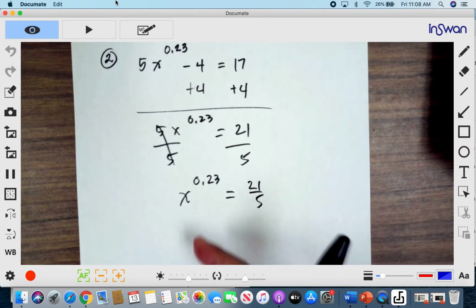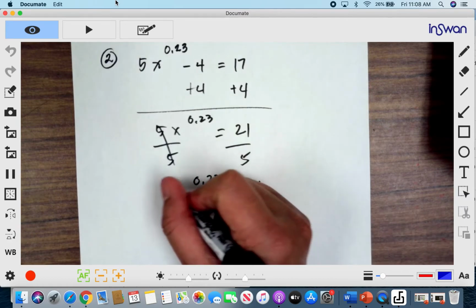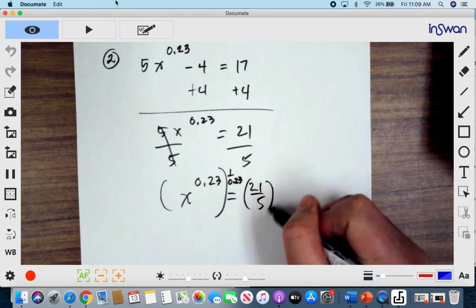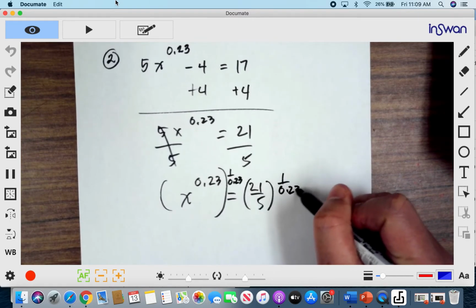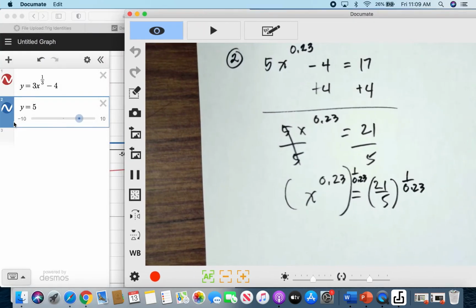Then after that, we need to raise the whole equation to the reciprocal of 0.23, and that is supposed to be 1 over 0.23. Same thing here, 1 over 0.23. Then of course, we need our calculator's help to do that for us.